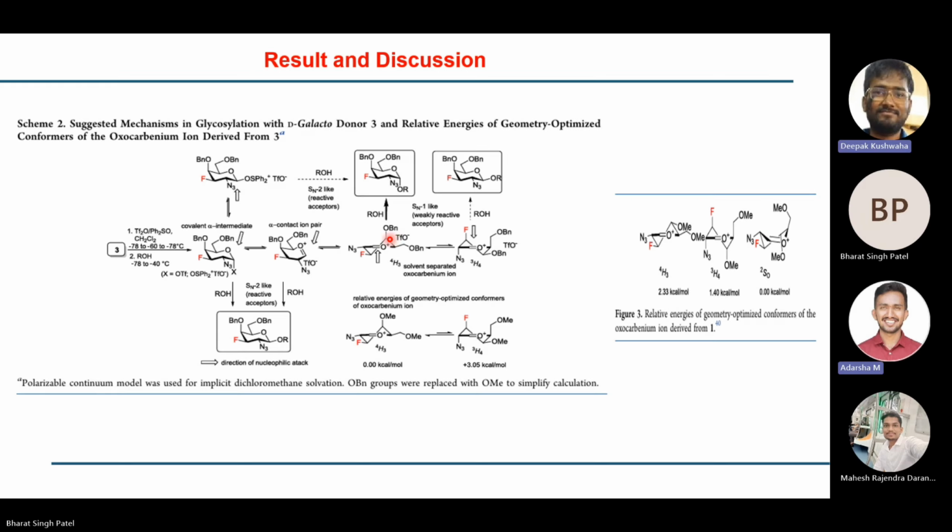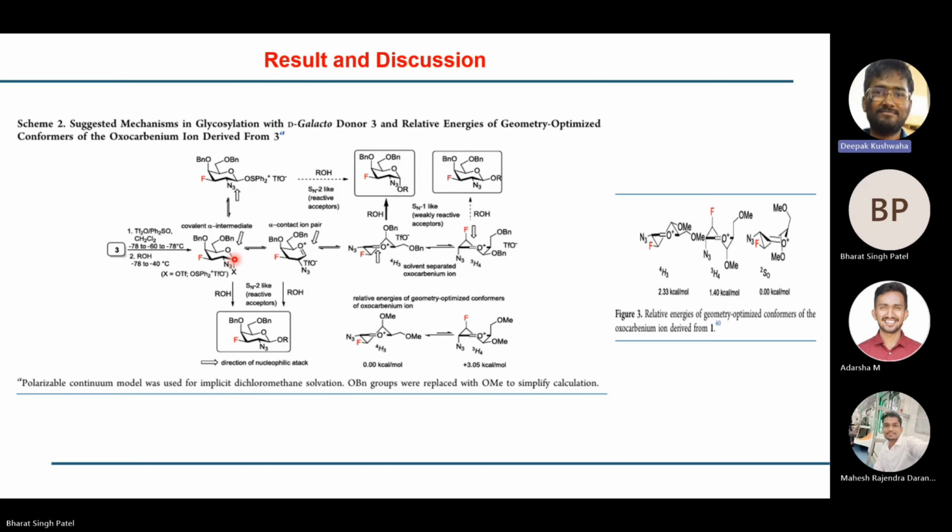So I think the fluorine is not affecting the reactivity in a different way. The only thing, Adarsha, in your case, the way of activation of the donor is a little different. In that case, at 0 degrees, the possibility is that you are getting direct SN2 substitution of the donor itself, and this intermediate may not be forming that much.